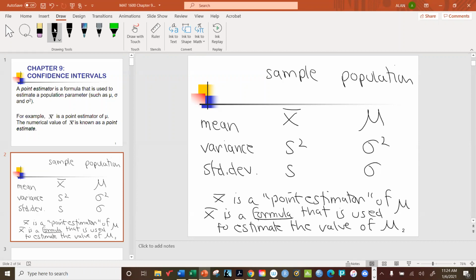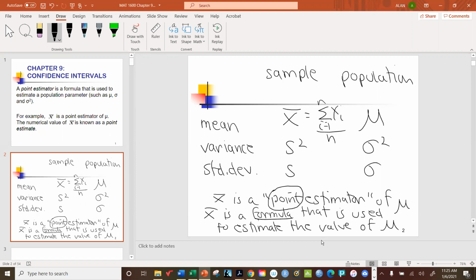Okay, so in other words, the actual x bar you're seeing here is a formula. As of course you recall, it's simply equal to the sum of all the x's in the sample divided by the sample size. So we call that a point estimator. The word point here means that it is a single number. So you're probably wondering, well, what else is there?